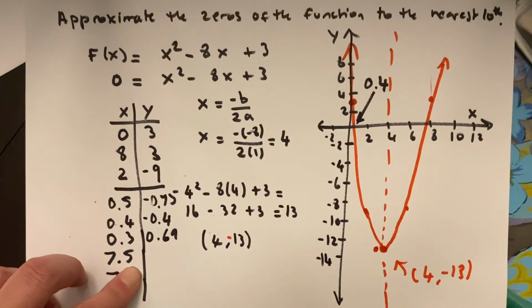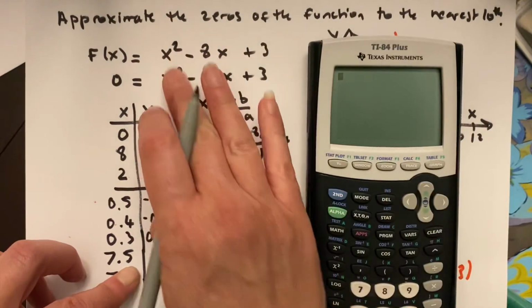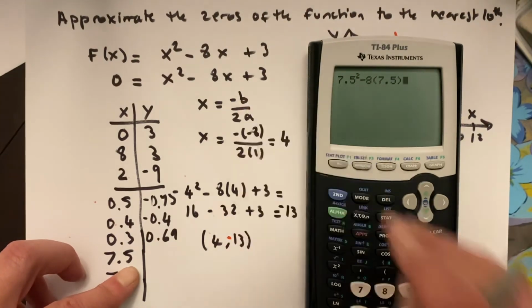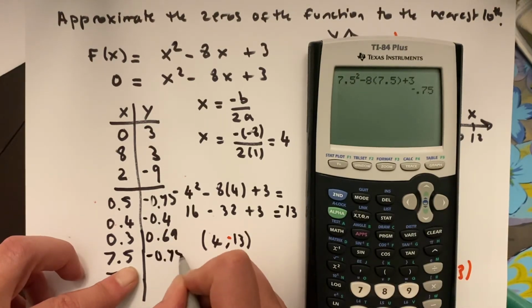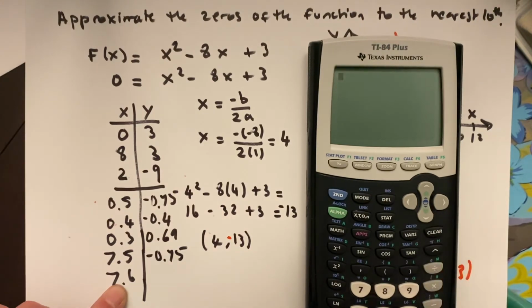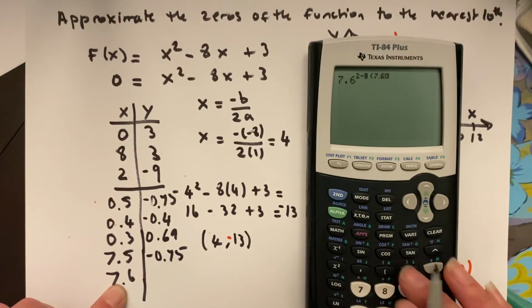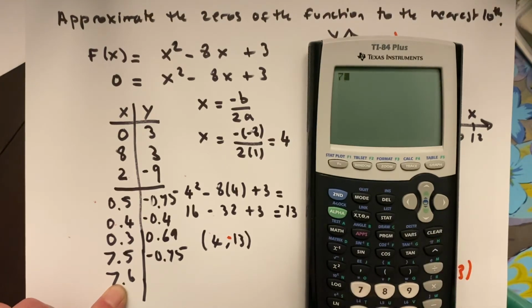Here I'm going to do the same thing with 7.5. And I'm going to plug these numbers into my equation. 7.5 squared minus 8 times 7.5 plus 3. And I get negative 0.75. I'll try 7.6 squared minus 8 times 7.6 plus 3.